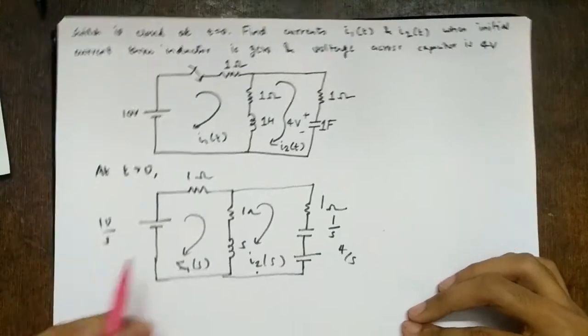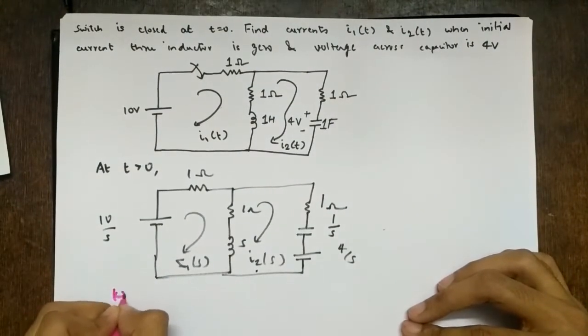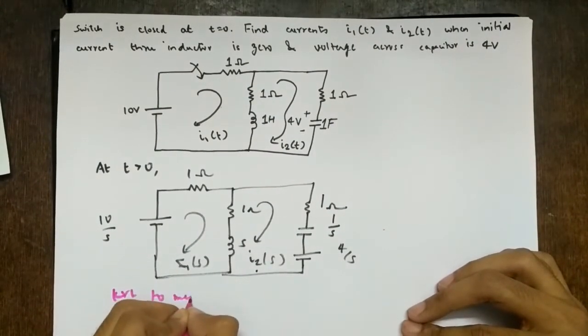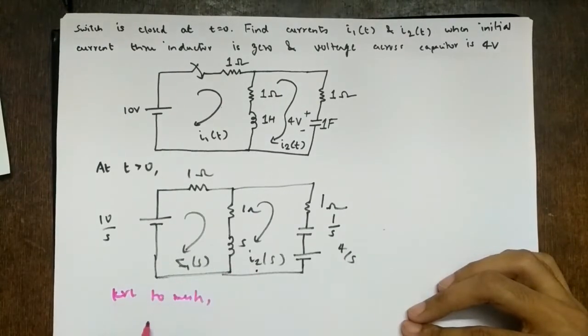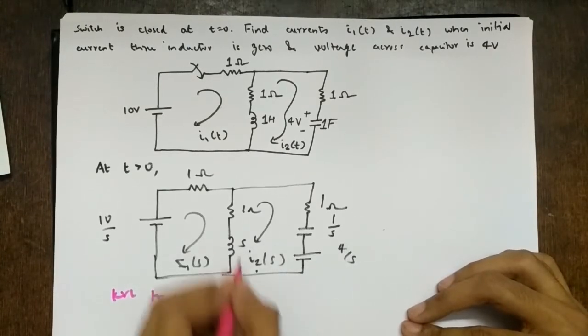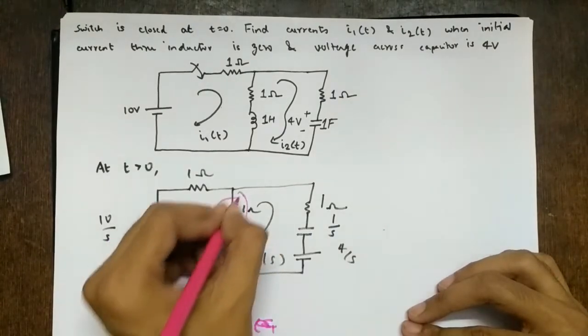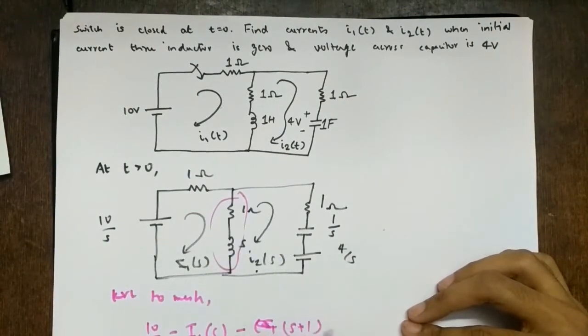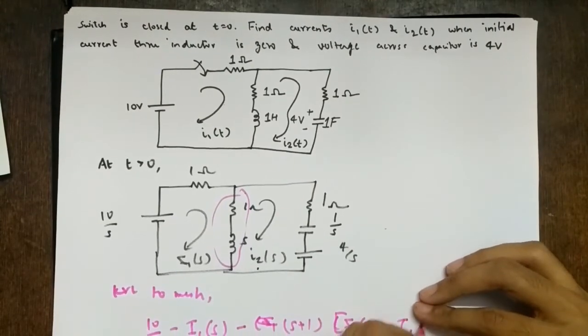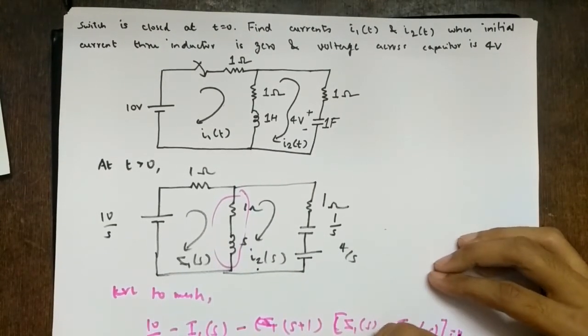I'll change the pen. So KVL to mesh 1, obviously we are seeing two loop currents. So 10 by s minus I1 of s times, what? I can say the impedance together is s plus 1. So s plus 1 into I1 of s minus I2 of s equal to 0.